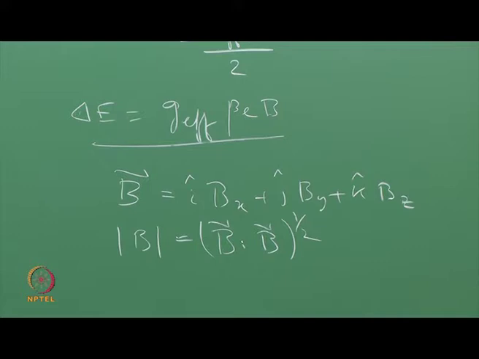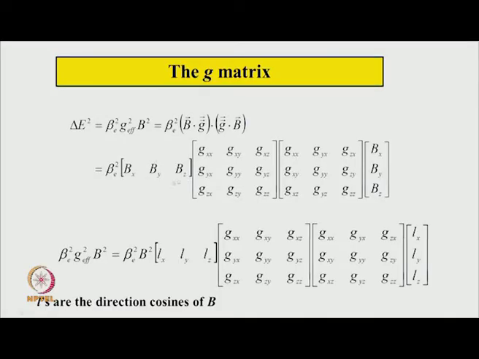Then one can write these three components in terms of the direction cosines of this B with respect to the external coordinate system that we had earlier. So, Lx, Ly, Lz are the direction cosines of B.